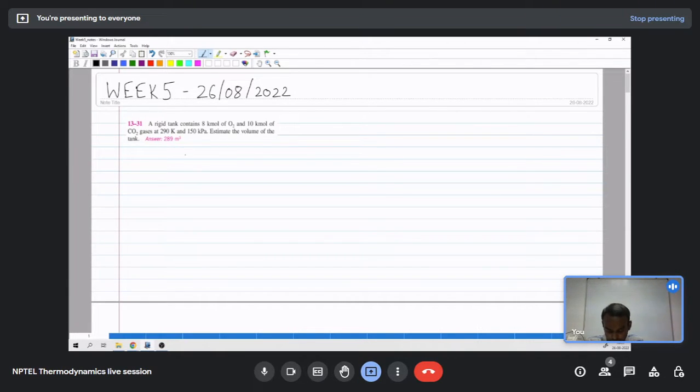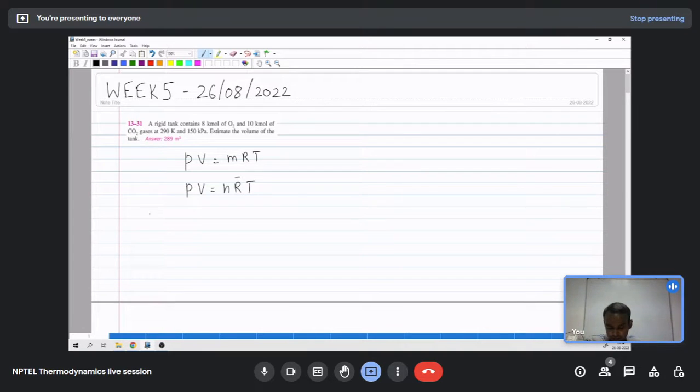We know the ideal gas equation is given by PV equal to mRT. Since in the problem it is given in moles, I will write the molar formula. So PV is equal to nRT, where n is the number of moles and R is the universal gas constant, along with temperature, pressure and volume.